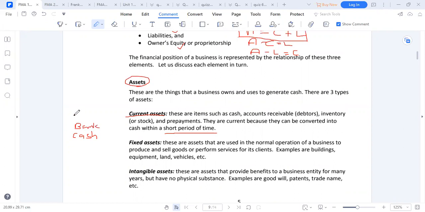To the debtors. The debtors are also called accounts receivable. A debtor is a person who owes us money. And we go to the prepayments, where we pay in advance. And we go to the what? Inventory, which is called stock. So these are called our current assets. Stock is also called inventory.